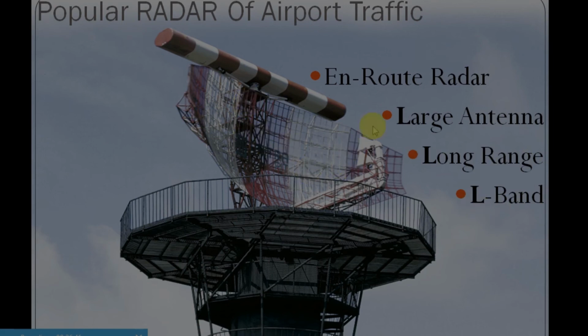Slowly they are rotating, not like the earlier one, which has a very fast rotation. Here the RPM is small, very slow, or you can say this is also an airport traffic management, en route kind of radar. This is the second radar, but the PPI screen is the same for the earlier one and this one.